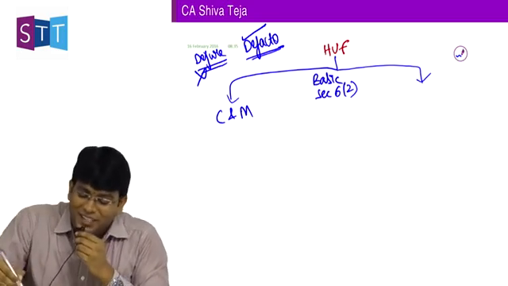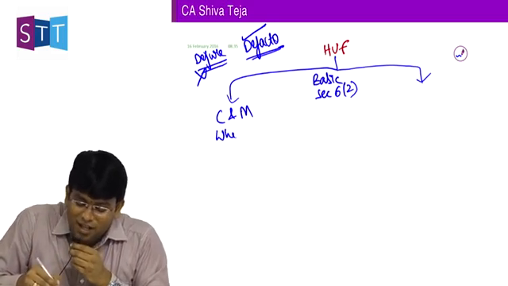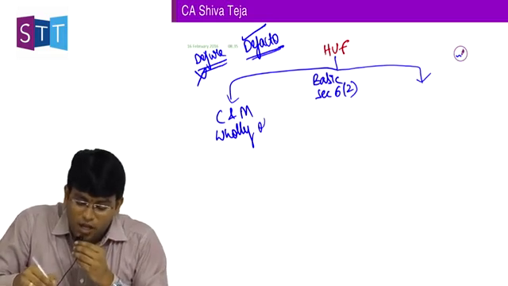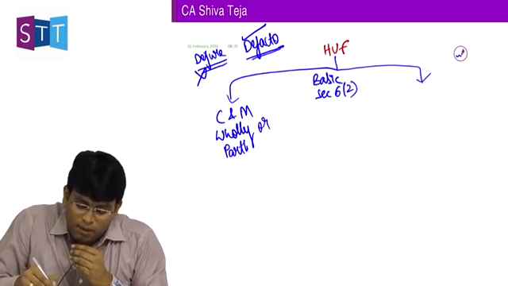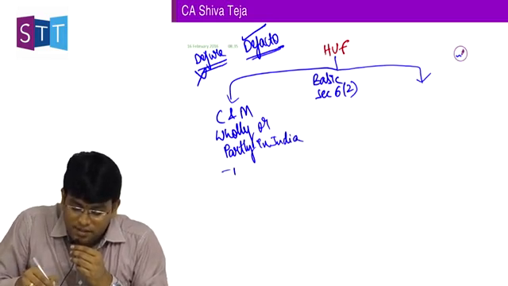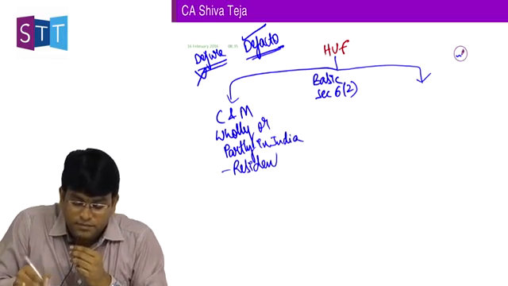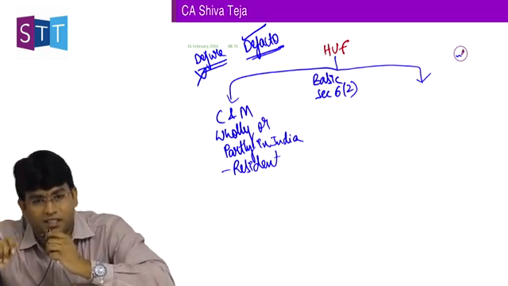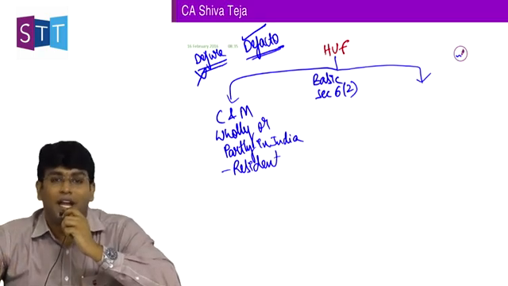Come on. Control and management means what? Where decisions are taken. If control and management is wholly or partly in India, then we call it resident. Sir, in individual what do we see? 182, 60 and 365. Here what are we seeing? Control and management.